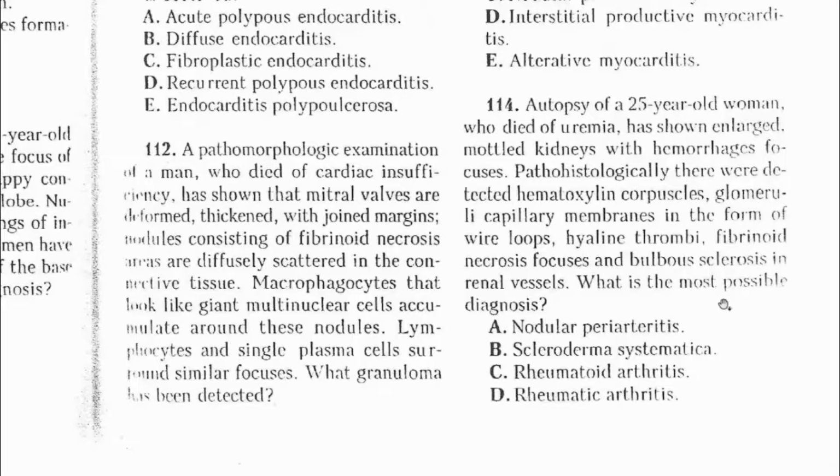Now, here we are talking about systemic lupus erythematosus. Why? Because it is characterized by different cellular and tissue changes, which can be divided into 5 groups. One, we have acute necrotic and degenerative changes of the connective tissue.